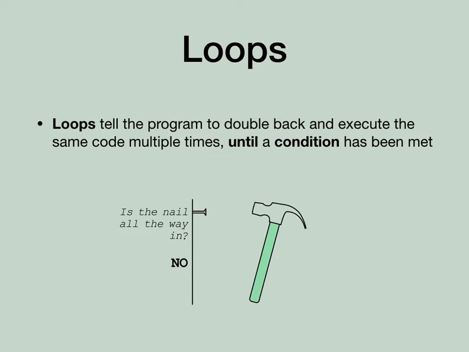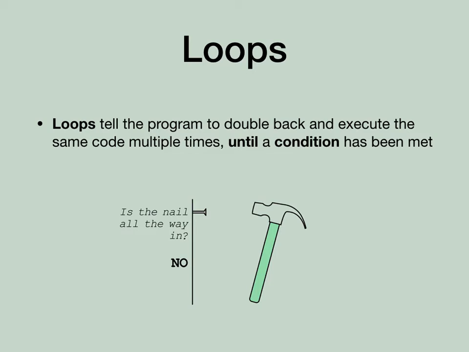In this case, we're going to use this hammer example quite a bit. I hammer the nail over and over, knock, knock, knock, bang, bang, bang, until, right, this is the key, it's flush with the wall. I don't keep going, and I don't stop before that. I loop my behavior until the nail is in.